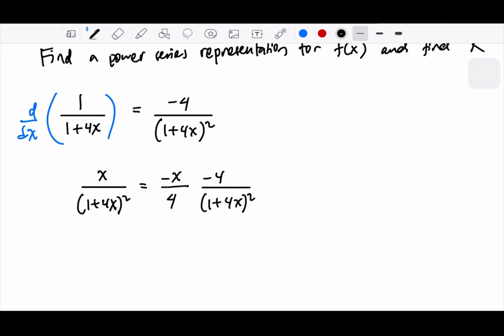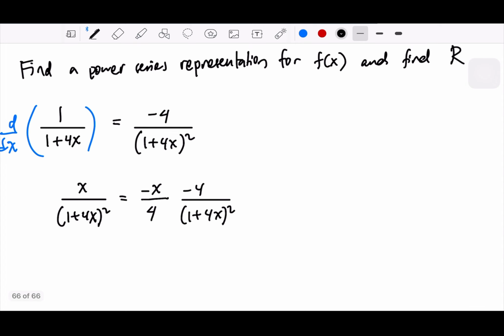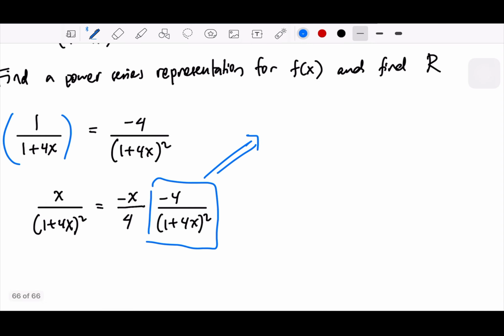Okay. And then if you want to know this series, we can look at this 1 over 1 minus 4x, or we can have this with power of n.